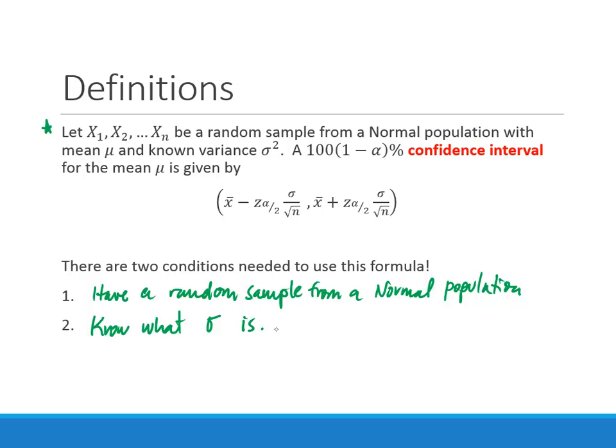So again, looking at that formula, to be able to calculate this interval, I need to know what sigma is. And so both of these conditions, again, are very limiting, you might imagine. And just to put you at ease, since I know you're very nervous about this, we'll come back and we'll address each one of these conditions. We'll relax these and show that we can still do something in those cases.